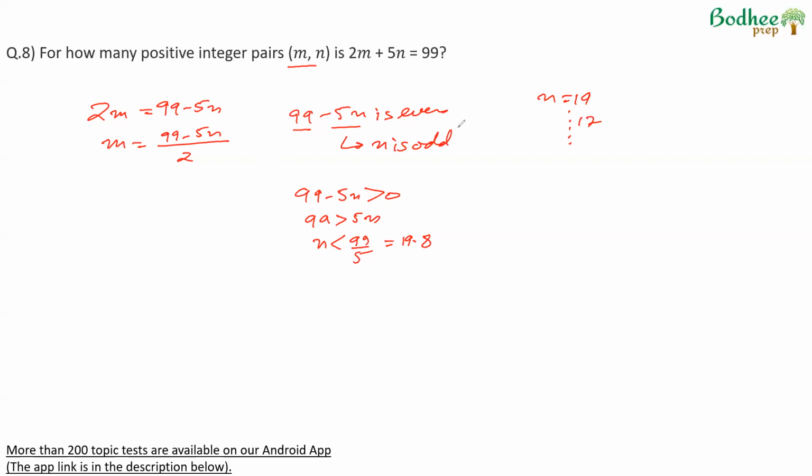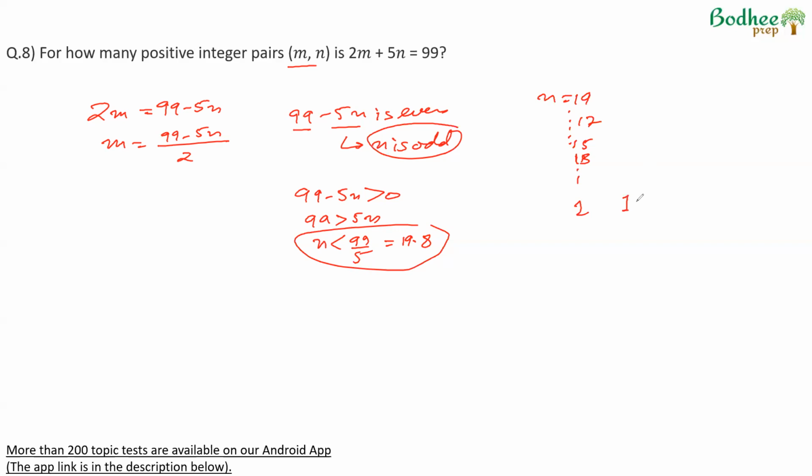n has to be odd, and n has to be less than 19.8. So 19, 17, 15, 13, and so on. The minimum value that n will take is 1 because it has to be positive. And therefore, if we count the number of solutions, we get 1, 3, 5, 7, 9, 11, 13, 15, 17, 19.